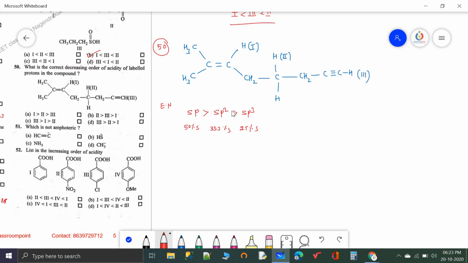So when the s character decreases, electronegativity also decreases. In this case, the carbon is sp hybridized, this is sp2 hybridized, and this is sp3 hybridized.